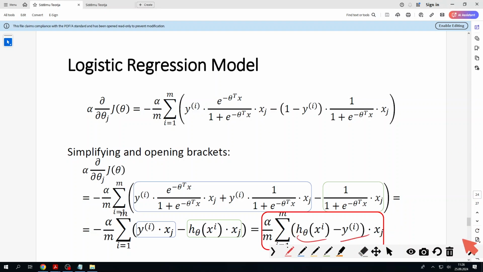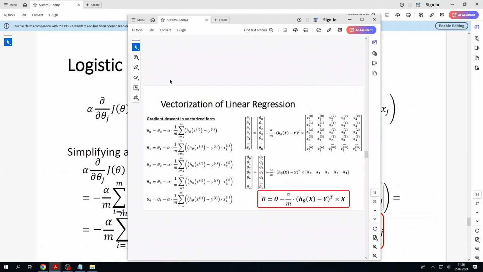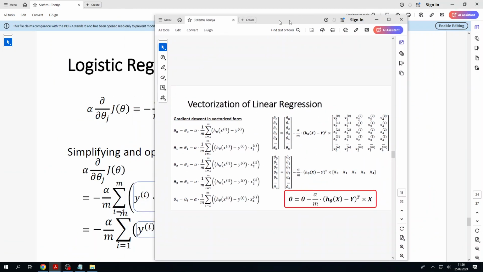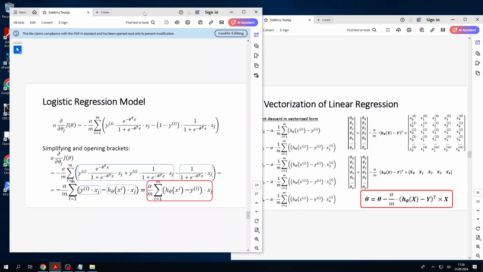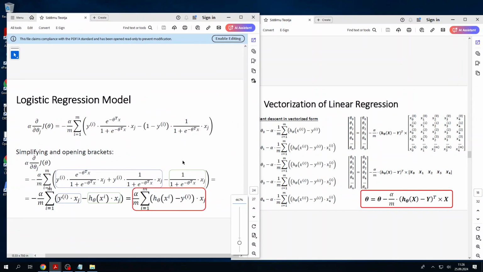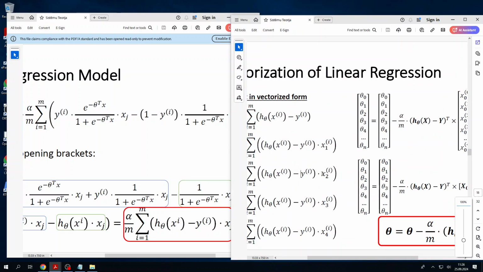And this is exactly the same, as I've said, as what we had for linear regression. Let me try to show them side by side somehow. I'll increase the size here and increase the size here.